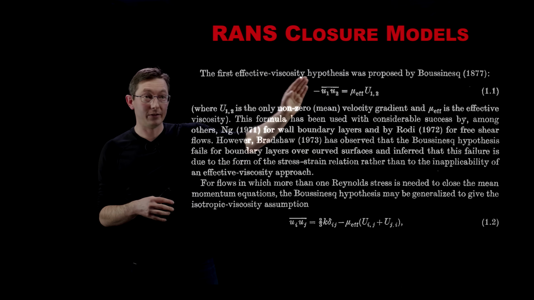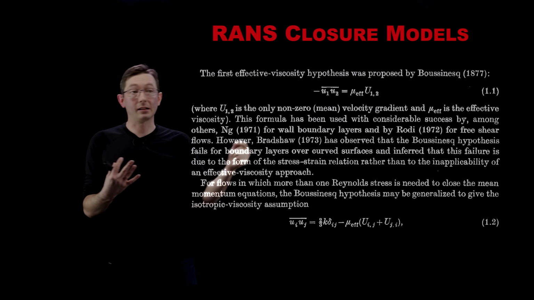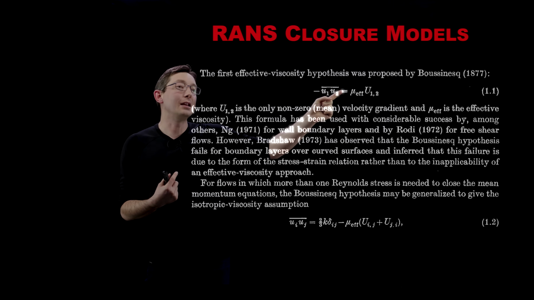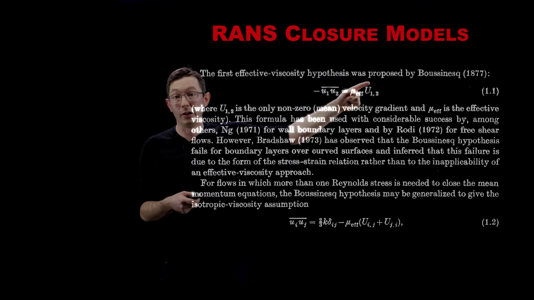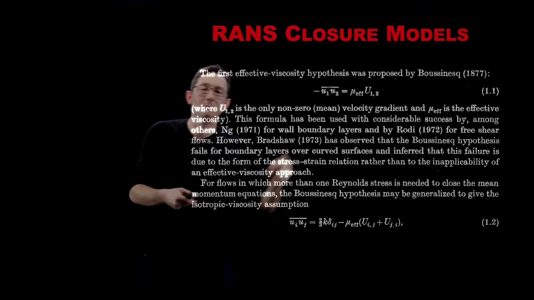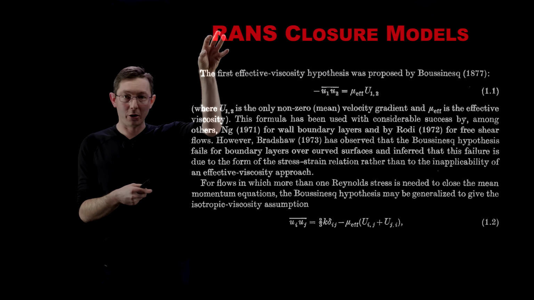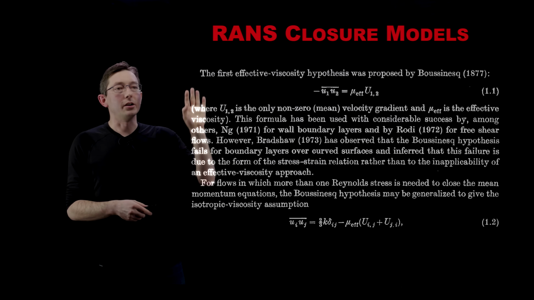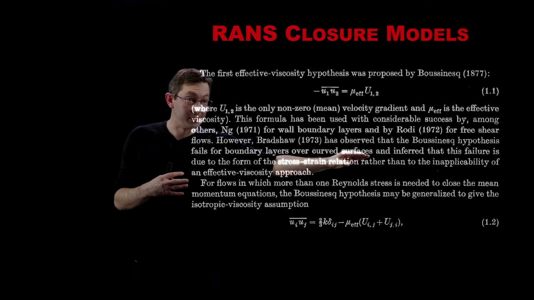So the first effective viscosity hypothesis was Boussinesq 1877, which basically says these turbulent Reynolds stresses can be modeled as some effective viscosity times things that depend on the bulk flow, these averaged barred quantities, U bar. And here subscript 1, 2 means partial big U, partial Y, I believe, plus partial big V, partial X. Okay, something like that. Good, so the Boussinesq hypothesis fails for boundary layers over curved surfaces.